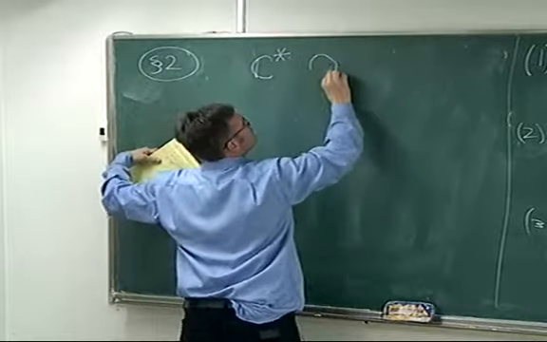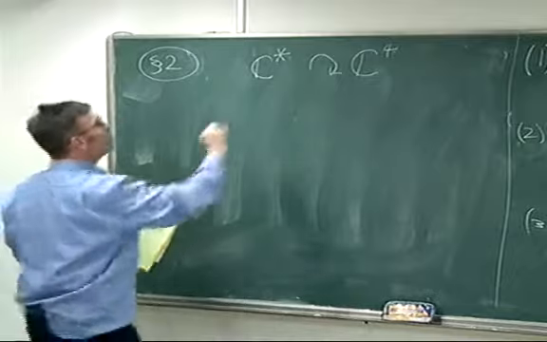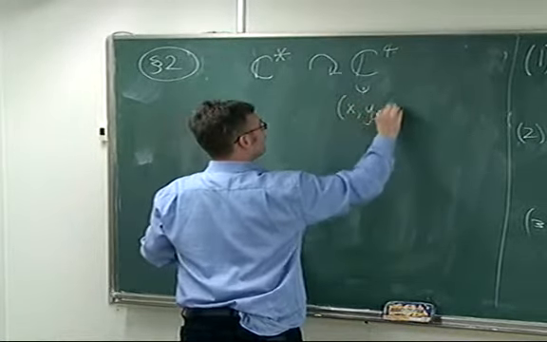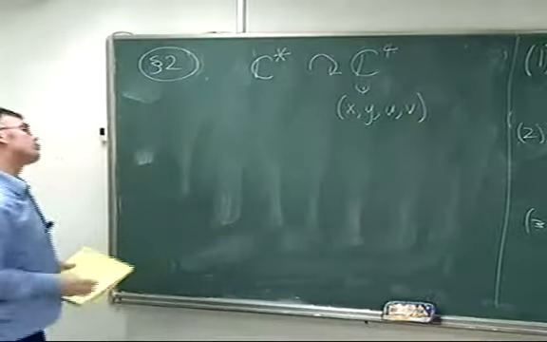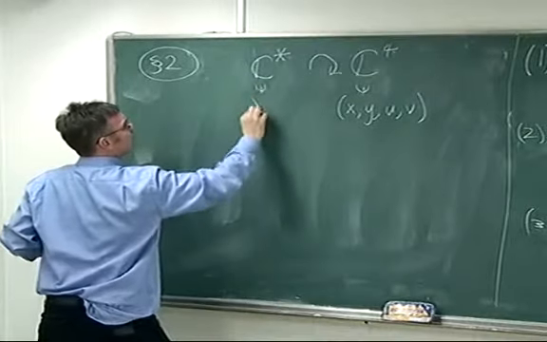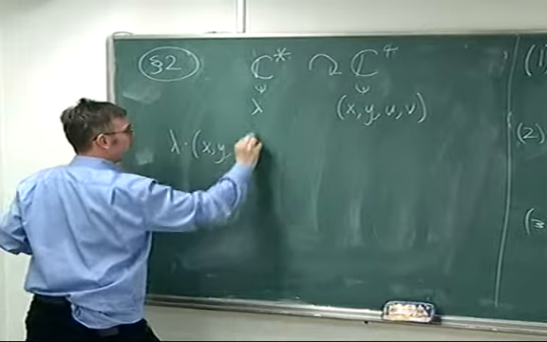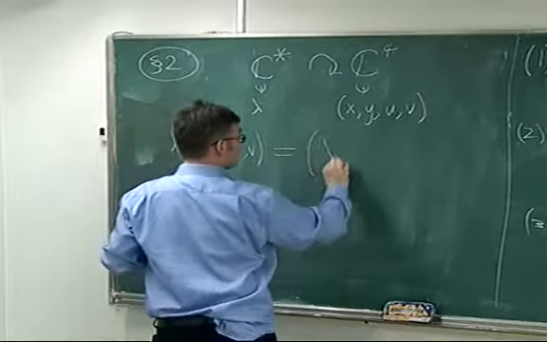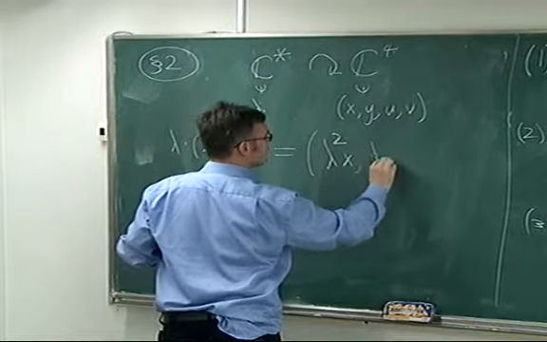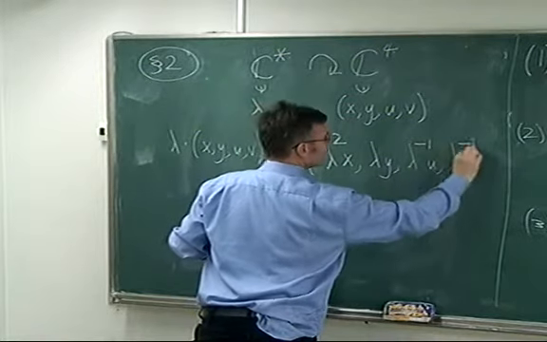So I'm going to let C-star act on C4. So the C4 here has coordinates x, y, u, and v. And C-star here is acting, so if I have a lambda in there, then lambda is acting on this x, y, u, and v just by, and this is something I'm choosing, lambda squared x, lambda y, lambda inverse u, and lambda inverse v.